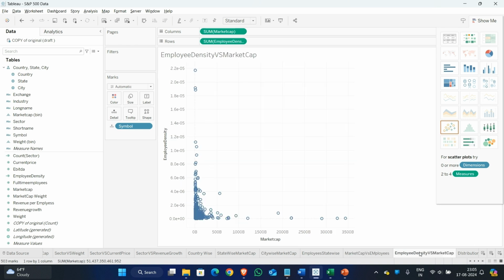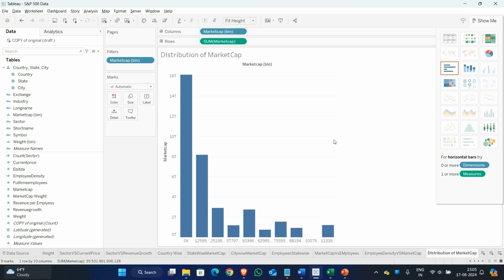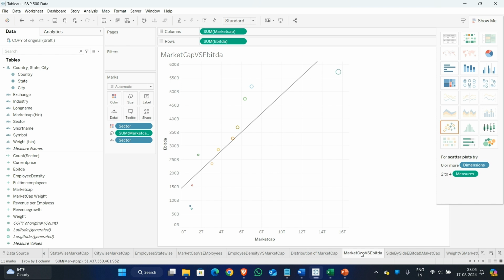And for the employee density and market cap, the correlation is a negative correlation. And for the market cap, the distribution is left skewed, having more values on left side. This is the histogram of market cap for the whole S&P 500 companies data.